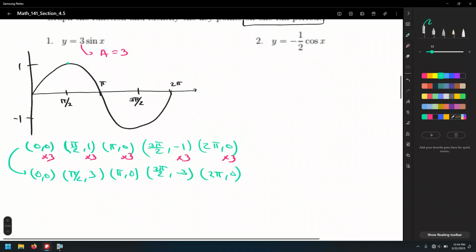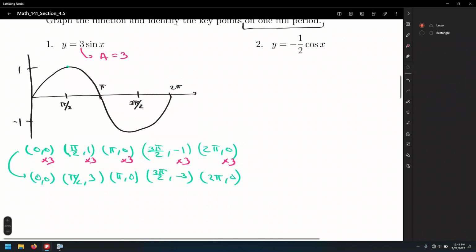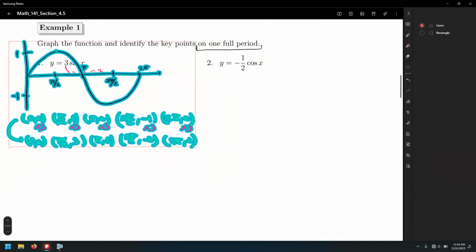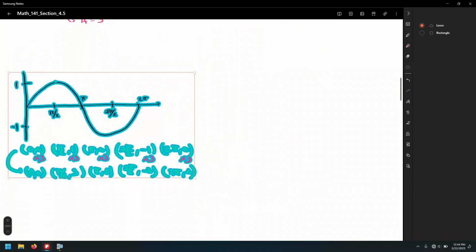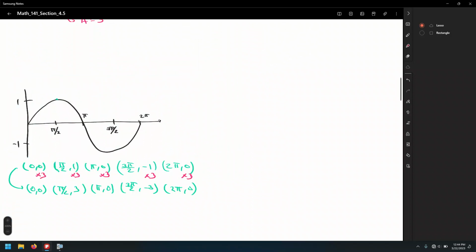All right, let me do something about this. Let me make more room, because I'd rather have both graphs on the same plane. And so I need extra space.